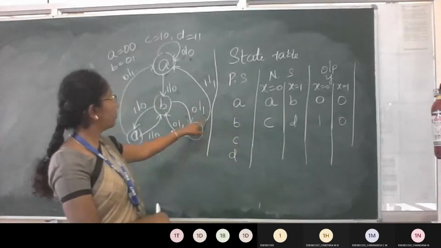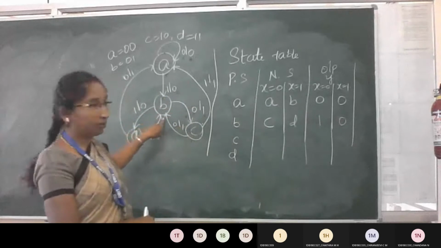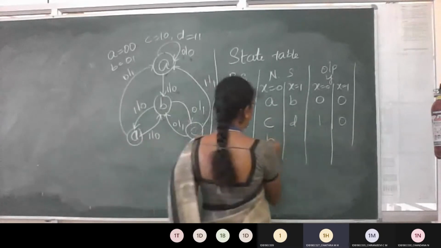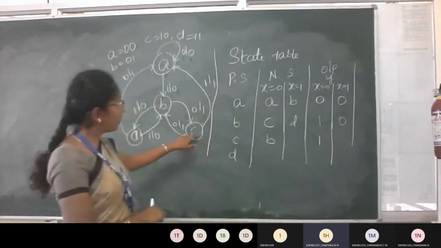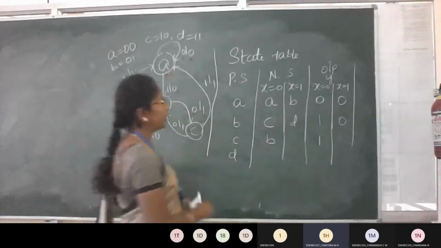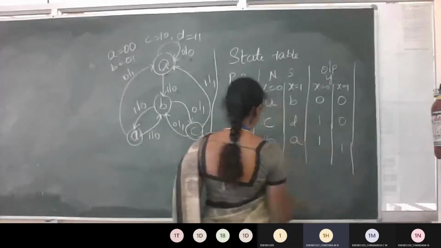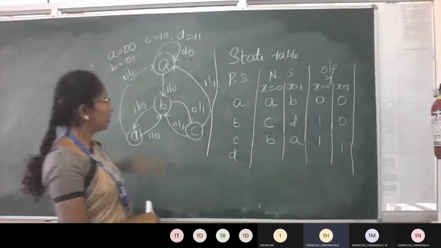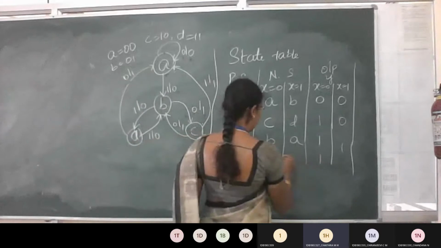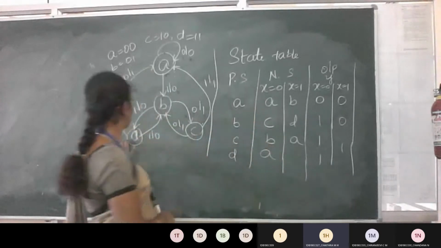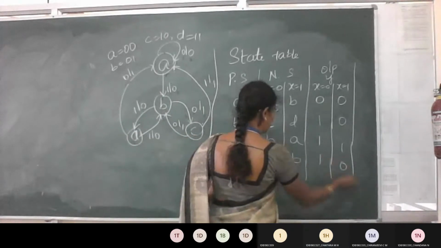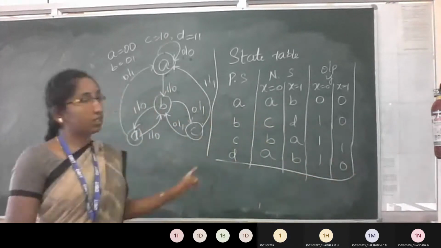When x is 0, it is moving to B, and the output is 1. When x is 1, it is moving to A, and the output is 1. Similarly, for D, when x is 0, it is moving to A, and the output is 1. When x is 1, it is moving to B, and the output is 0. So this is the state table.